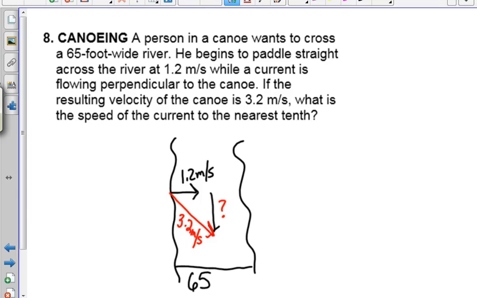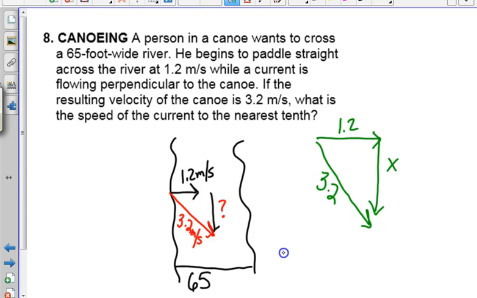No. All right. One is going this way, one is going this way, and this is the resultant. All of these are the same label, so they're all magnitudes, they're all lengths. If this is 1.2 and we don't know this, and this is 3.2, we can just do Pythagorean theorem, because it said clearly they were perpendicular to each other.